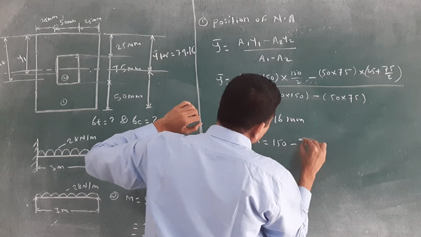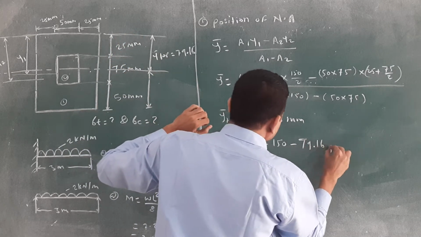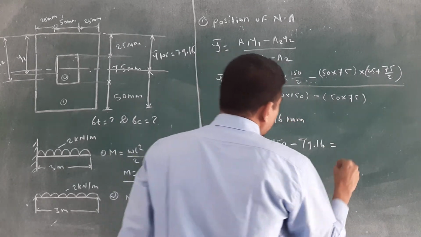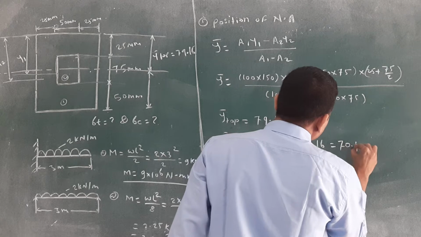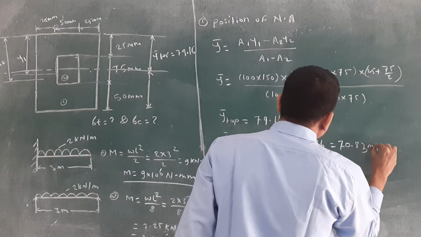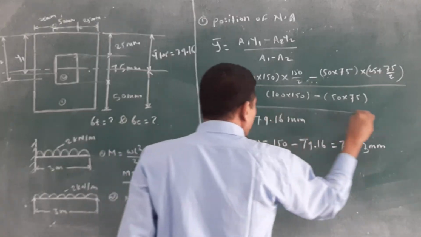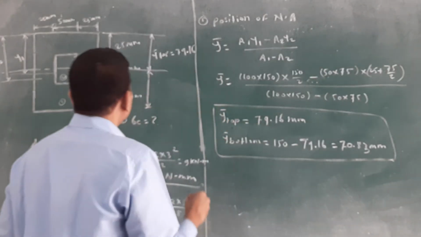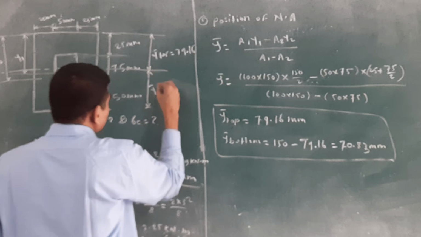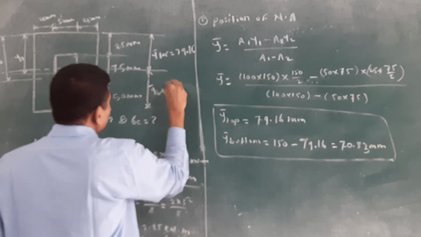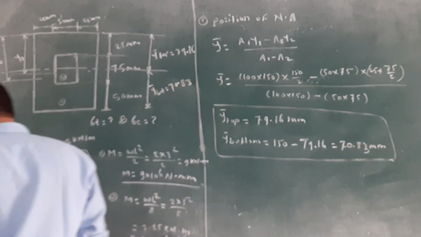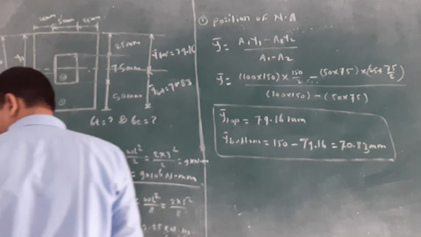You will get the y bar bottom value, near about 70.83 mm. Once you have got the y bar top and y bar bottom, write them in that figure.